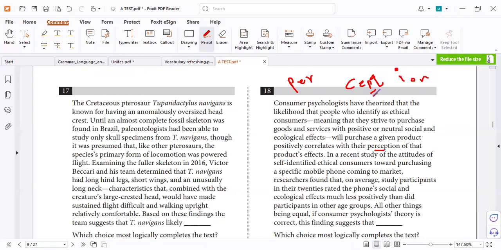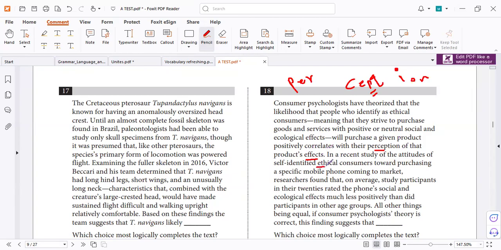If you receive an idea, it means you understand it easily and quickly by your senses. So perception means you understand something quickly before I tell you, by your senses. So it means fast understanding, quick intelligence. That's it. So it means their perception of that effect. It means they understand it easily and quickly.